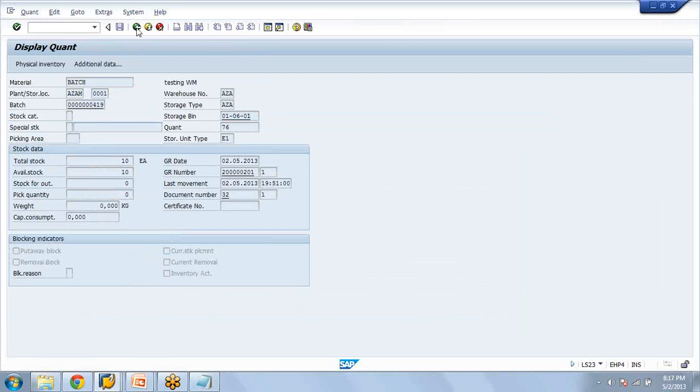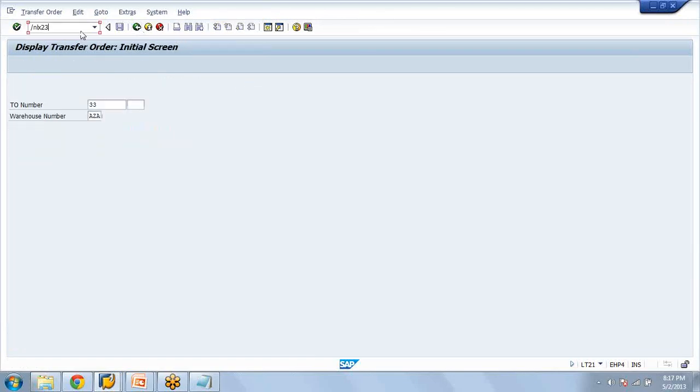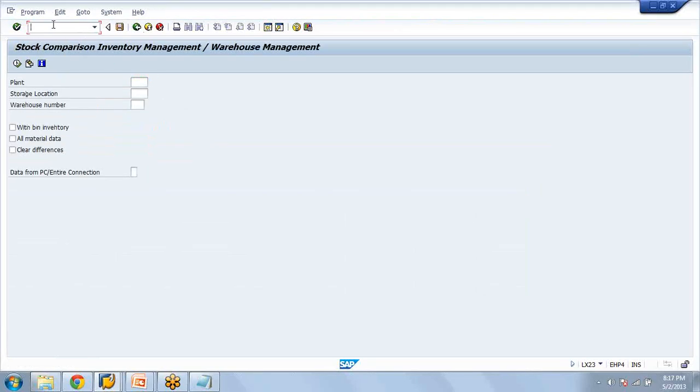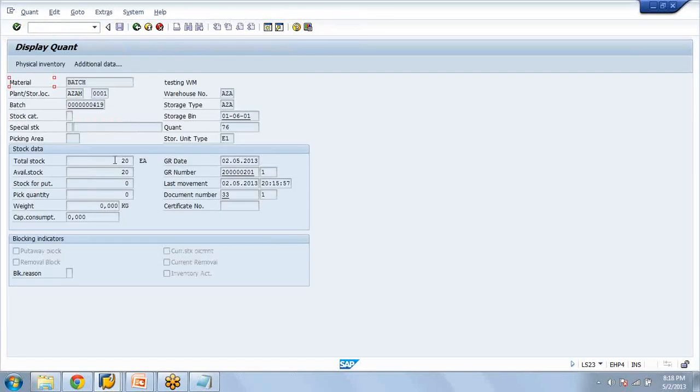What is the transaction code for viewing quant? Harijit, you remember? LS23. To display the quant. See, it has updated to 20 now.